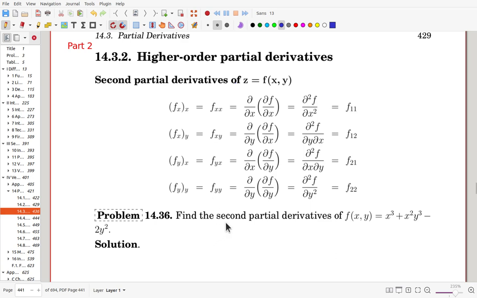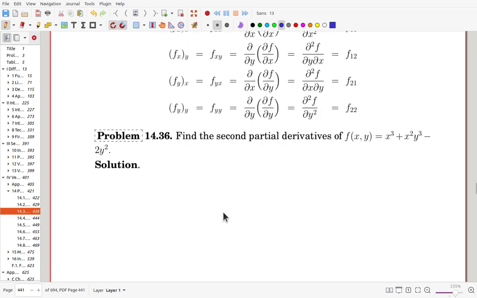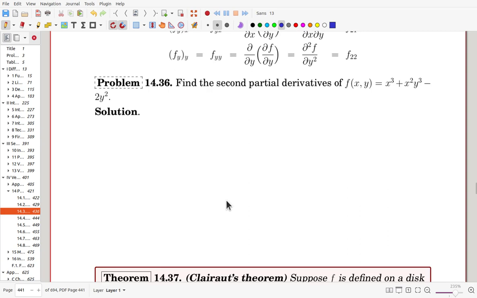Okay, let's try to get the second partial derivatives of this function. Let's start with the first derivatives. f sub x, the x-directional derivative for the given function. This is 3x squared from the first term. And now that is 2x, and y will be considered as a constant, y cubed, so that must be 0.